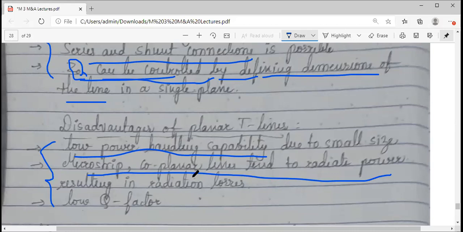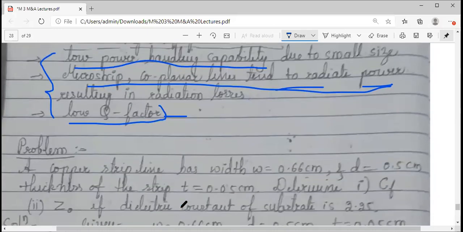So microstrip and coplanar lines tend to radiate power. And finally, low quality factor: microstrip lines actually have a good quality factor, but because of the attenuation, the factor gets reduced.